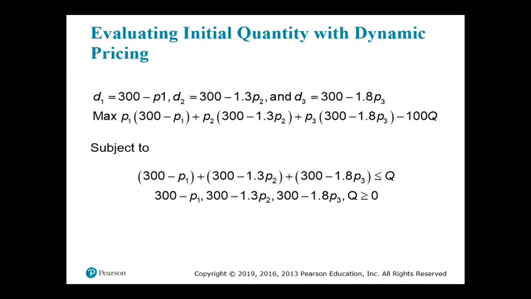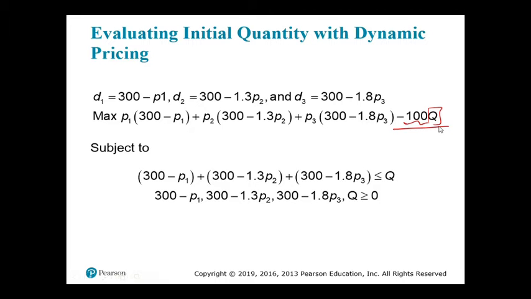So now my decision is to maximize the profit, but I'm accounting for the investment that I put into the inventory or the capacity up front. So each product, let's say, takes $100 to purchase, and the total purchase quantity is Q.